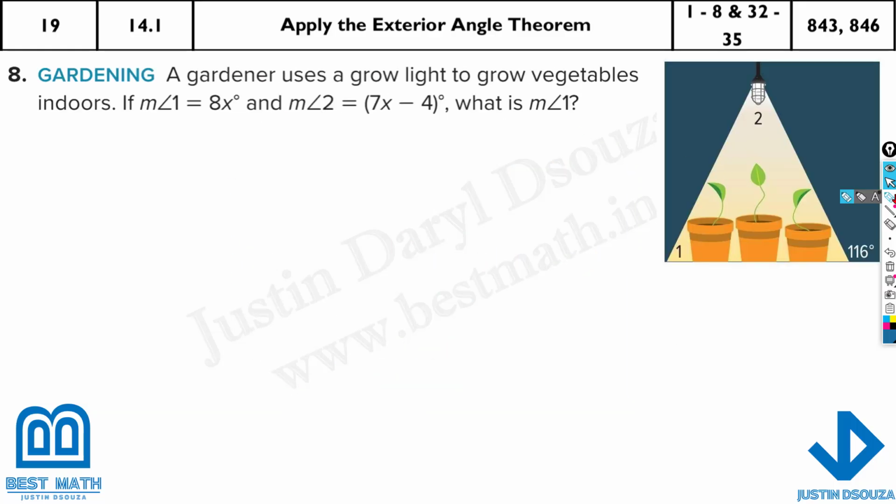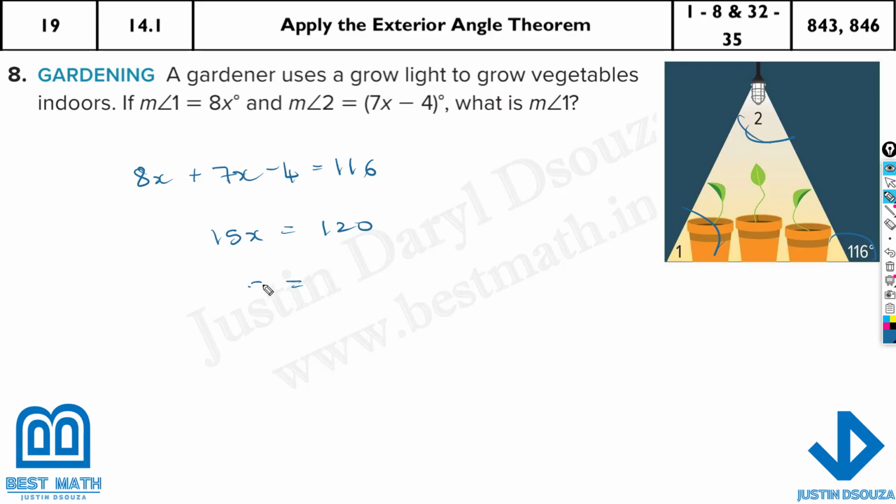And again, a real world problem. Here we just use the exterior angles again. This and this will be equal to 116. So I'll directly write it. Measure of angle 1 is 8x plus 7x minus 4. That is equal to 116. It's going to be 120 is equal to 15x. So this is 8, isn't it? 15.